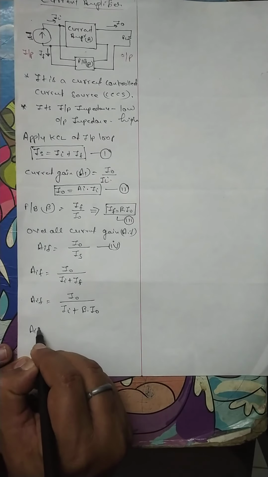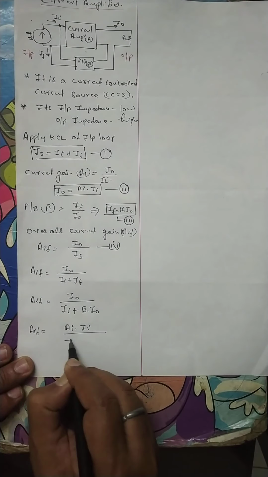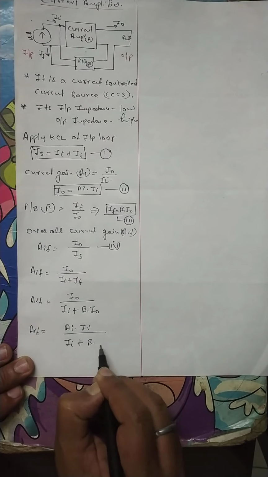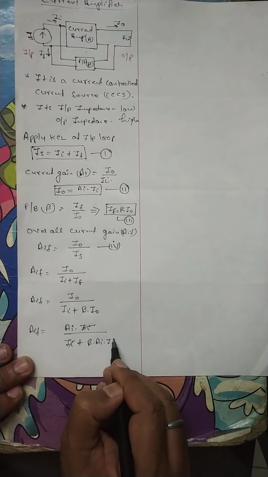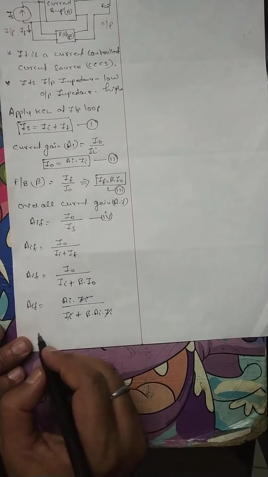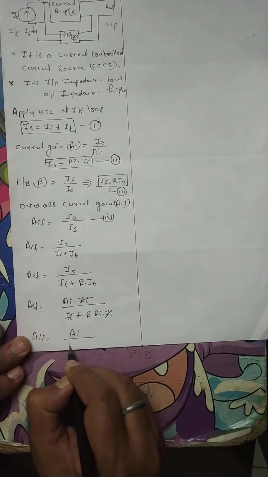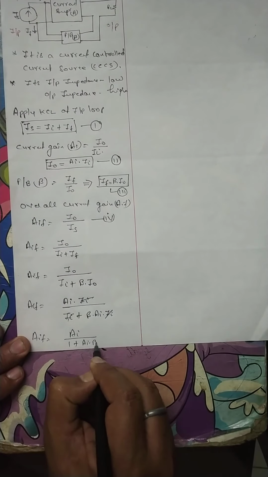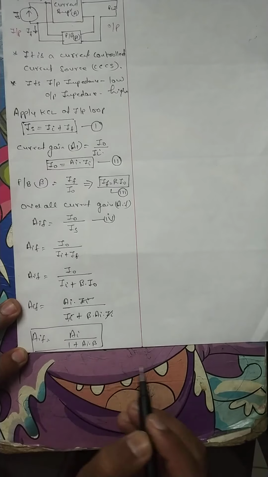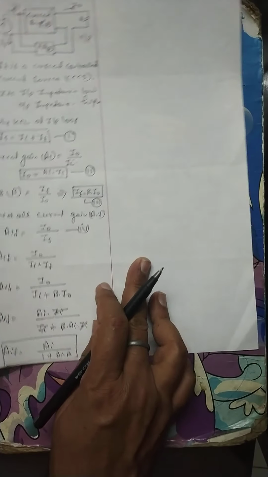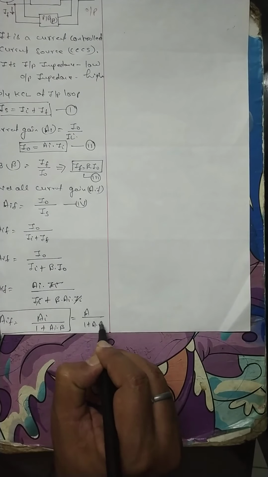Then AIF is equal to AI into II upon II plus beta into AI into II. So this all gets cancelled out. Then we obtain AIF is equal to AI upon 1 plus AI into beta, or in general A upon 1 plus A into beta.